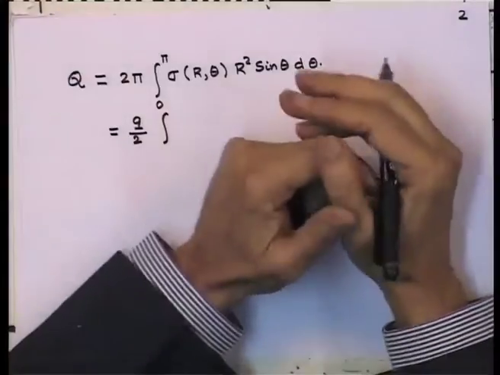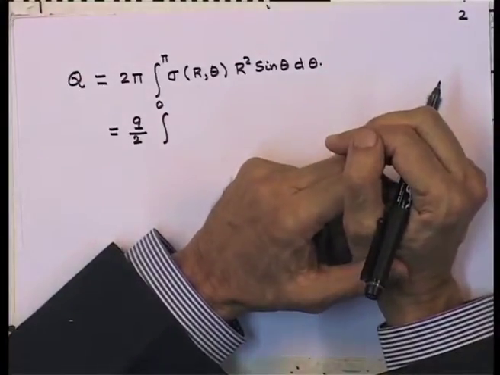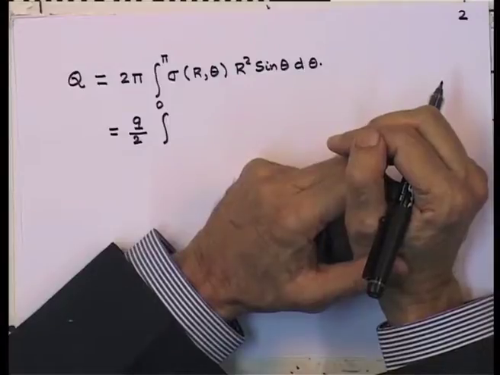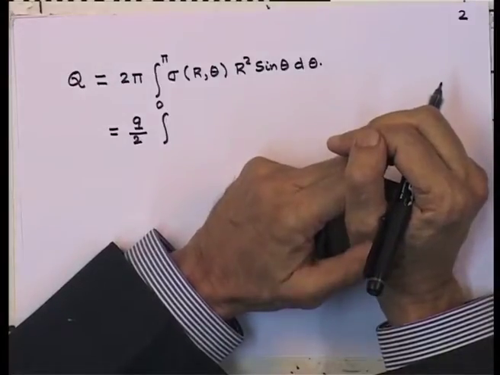Now, this is the standard trick that we have been doing, substitute cos theta is equal to mu.